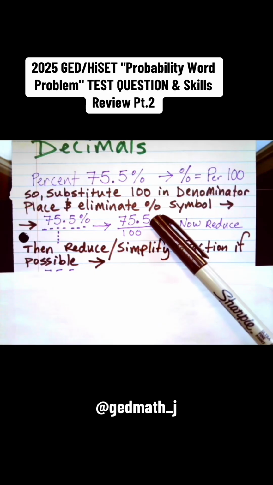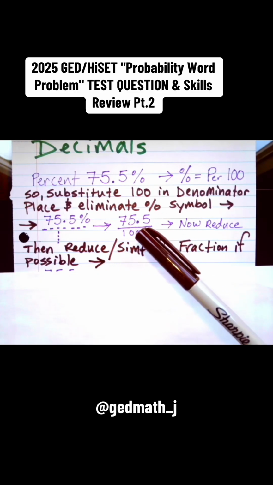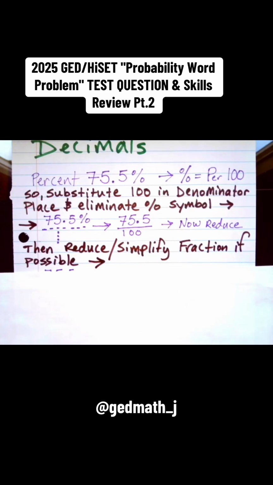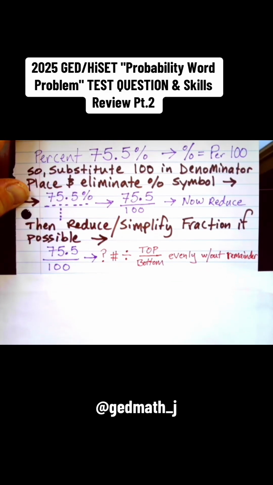Now looking at the numerator, the top part, and the denominator, the bottom part of this fraction, I know 5 can be divided equally into top and bottom. That will not give me a remainder, of course. So I'm showing you that step here. Reduce and simplify the fraction, right?